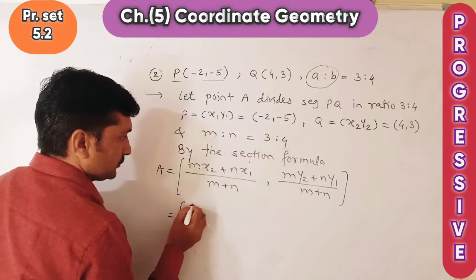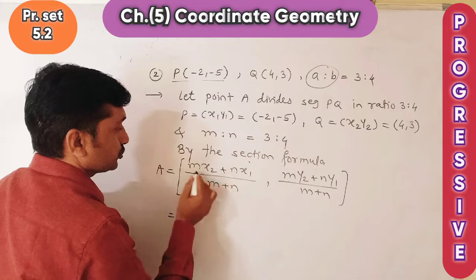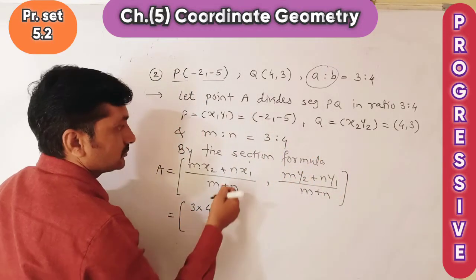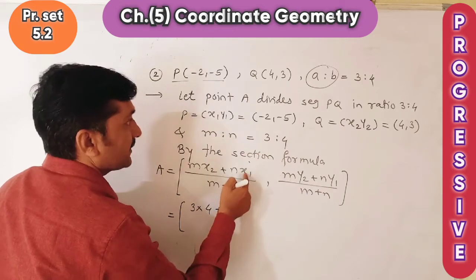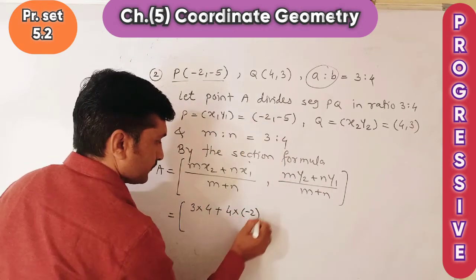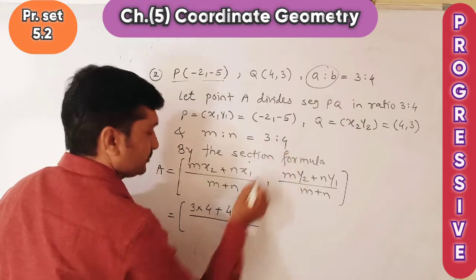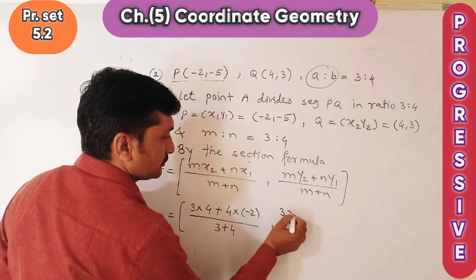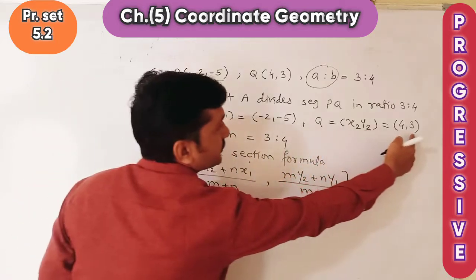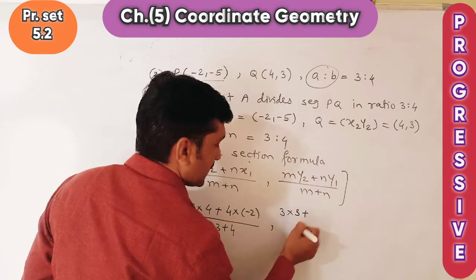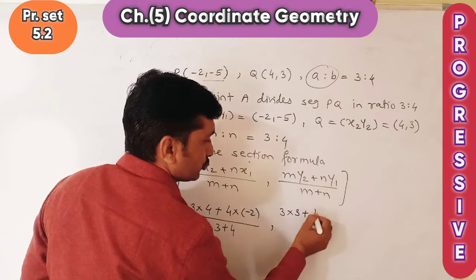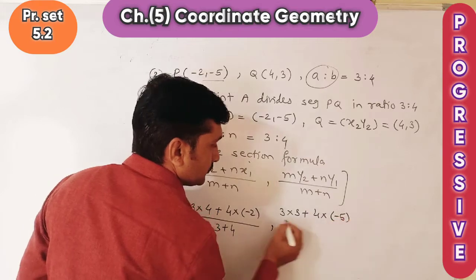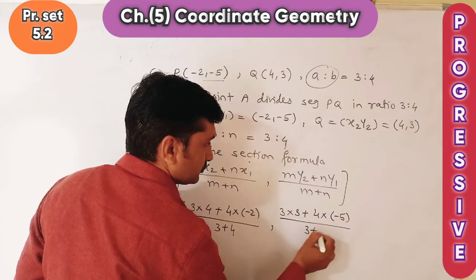M is 3 multiplied by x2 is here 4 plus n is 4 multiplied by x1 is here minus 2, upon m plus n, 3 plus 4. Now y coordinate, m, 3 multiplied by y2 is here 3 plus n means 4 multiplied by y1 is here minus 5, upon 3 plus 4, m plus n.